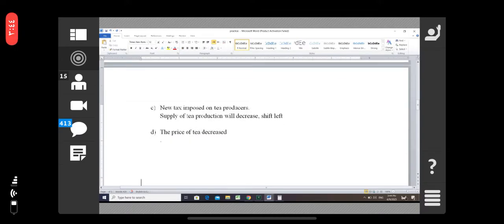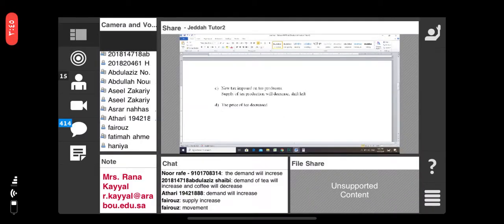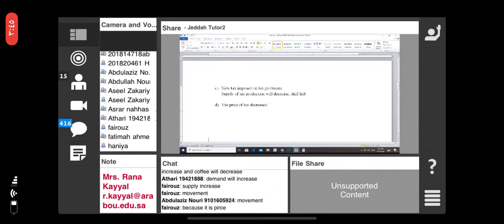A price of tea decrease will lead to a movement or a shift. Give me a complete answer. So is it affecting the price decrease? Will it affect the demand or the supply?